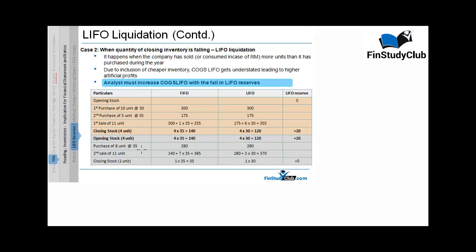Let's talk about a more important case, which is the second case, wherein the prices are not falling. If you look at the prices from 30 to 35, there has been an inflation, and in the second year I haven't increased the price. I've kept it at a similar value just to show it as ceteris paribus. Now here I have made the example a little complicated.